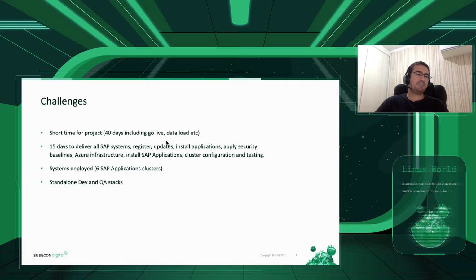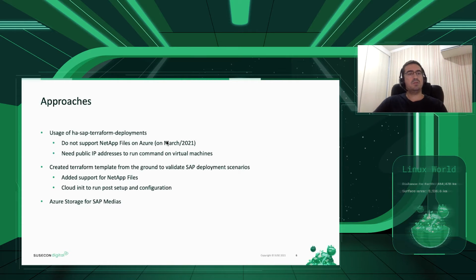So we started thinking about how we could automate and improve the deployment of those servers for this project. In the next slide, we started studying how the Salt formulas from SUSE for HA SAP Terraform deployment work, but we found that some aspects of the project could not be covered by this code because the customer needed to use NetApp Files on Azure.